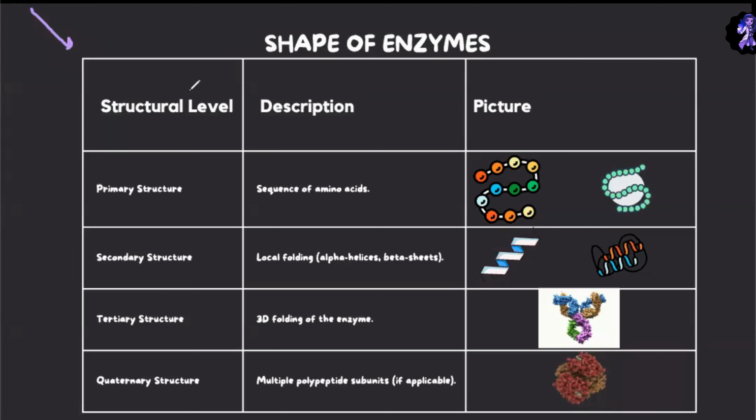And you do need to know this and the differences for the AP biology exam or even any college biology exam. The first structure is the primary structure. Sometimes it's written down with a little one and a little degree symbol. I just want you to note that symbol is the same thing as saying primary structure.